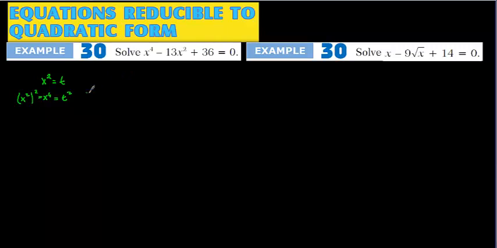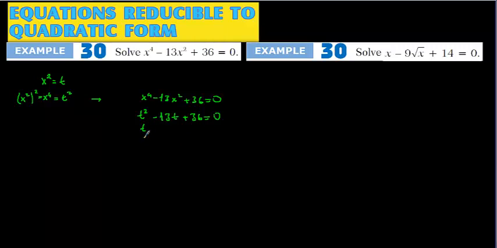Now I'm going to rewrite the equation with respect to that given information. x to the power of 4 minus 13x squared plus 36 equals 0 becomes t squared minus 13t plus 36 equal to 0.